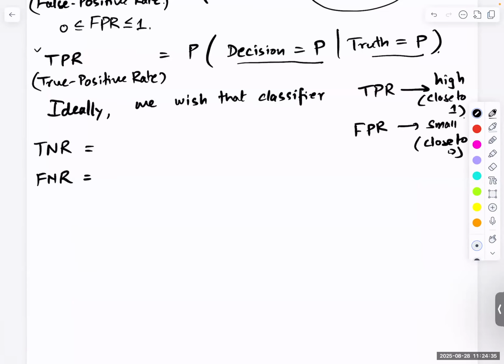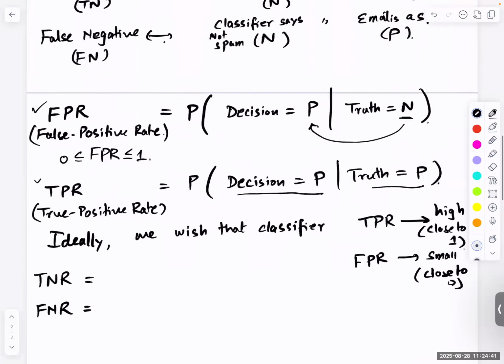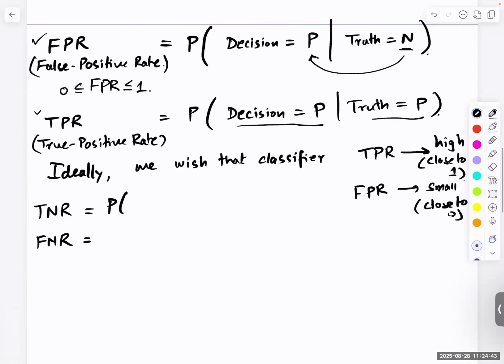So how can we find true negative rate and false negative rate? Let's think about this. What is true negative rate? True negative rate would be the probability the decision is N given the truth is N. Given the truth is N, the decision will be either a P decision or an N decision.